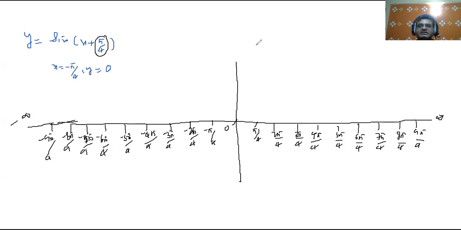Now, what are the changes going to be there? Now the graph will start from here because the graph has been pushed back by pi by 4 unit in this direction. So now the graph will be like this. The whole graph has been pushed in this way.